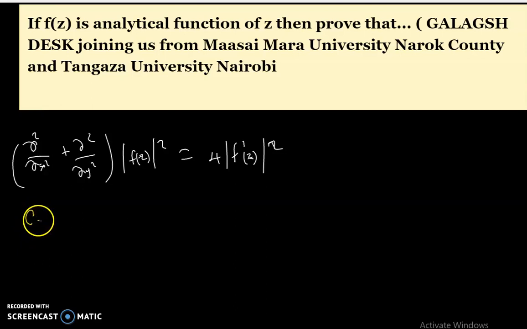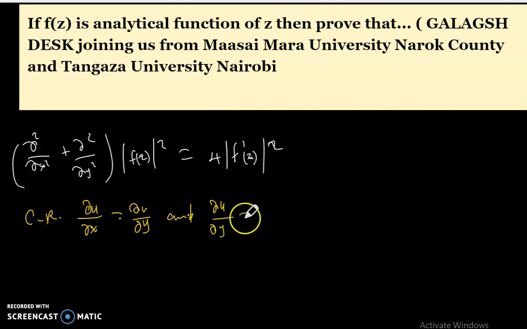This is Cauchy-Riemann. So Cauchy-Riemann says that we have del u with respect to x, and this must be equal to del v with respect to y. And also, according to Cauchy-Riemann, we have del u with respect to y, and this must be equal to negative del v with respect to x.